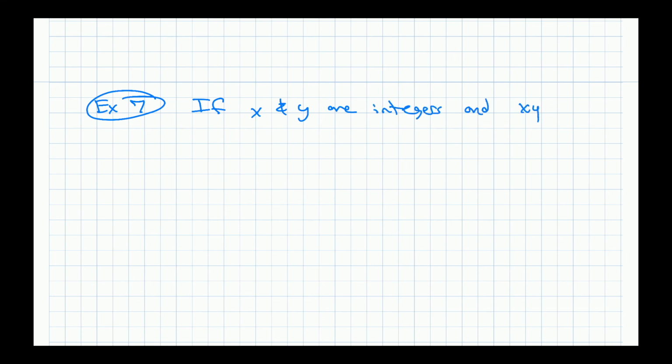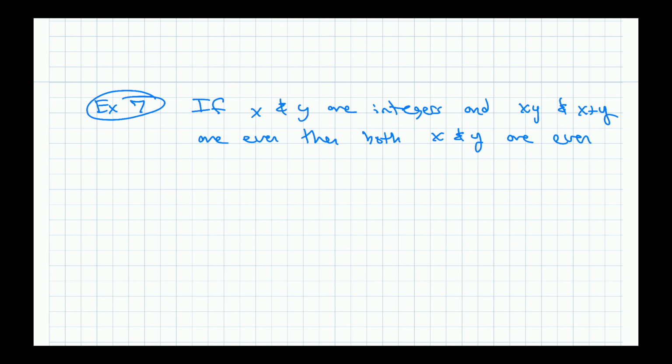Okay, yeah. So here, let's just do the one in the book. So their proof is this. Example 7. Okay, so what we need to prove is if x and y are integers and xy and x plus y are even, then both x and y are even.